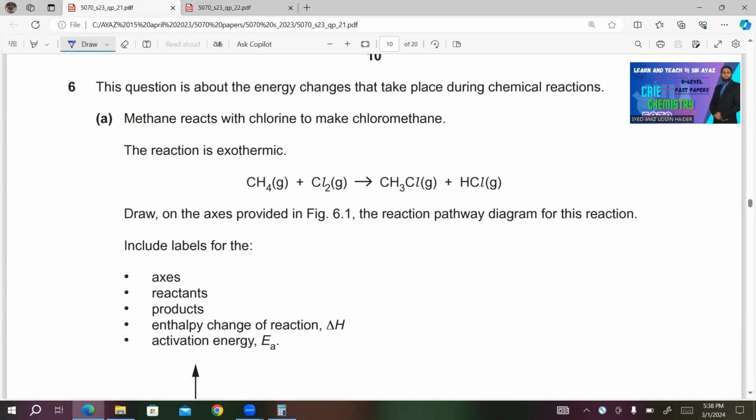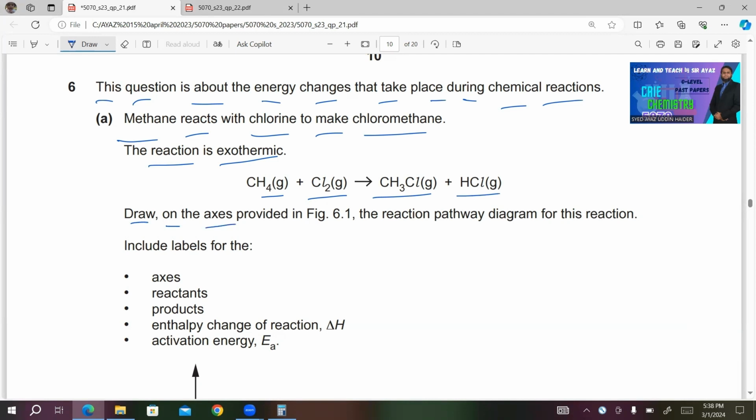So let's continue from question number 6. This question is about the energy changes that take place during chemical reactions. A. Methane reacts with chlorine to make chloromethane. The reaction is exothermic. CH4(g) plus Cl2(g) gives CH3Cl(g) plus HCl(g).